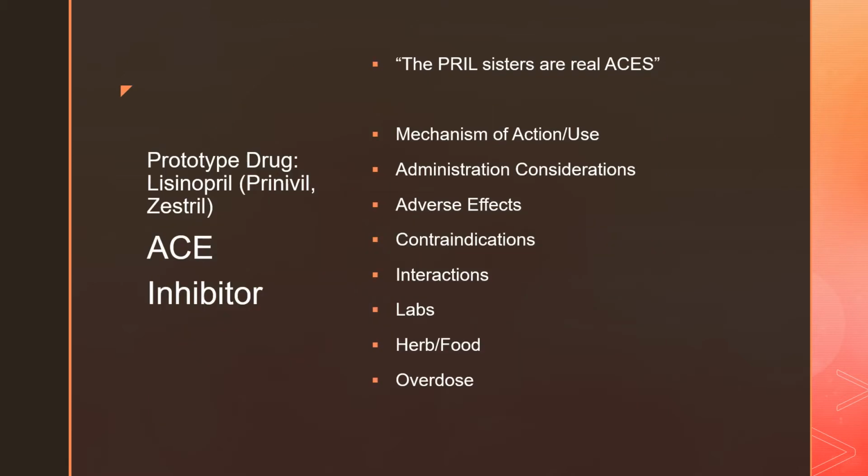All right, so ACE inhibitors like lisinopril, these are going to help reduce afterload, and they are the drug of choice for heart failure. They're going to help with excretion of sodium and water, and also lower the peripheral resistance and reduce blood volume, ultimately, again, increasing cardiac output. So the mechanism of action with these medications are to inhibit ACE enzymes and decrease aldosterone secretion.